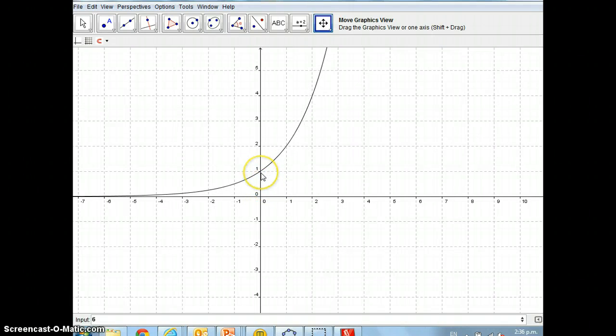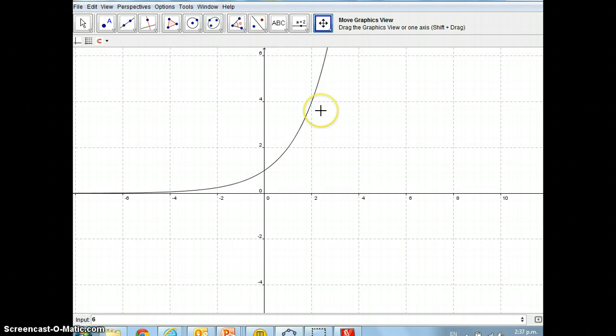It always cuts at (0, 1) and (1, 2) and then (2, 4) and then (3, 8), then (4, 16), then (5, 32). You getting it? It's doubling.